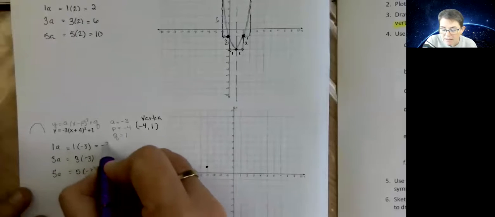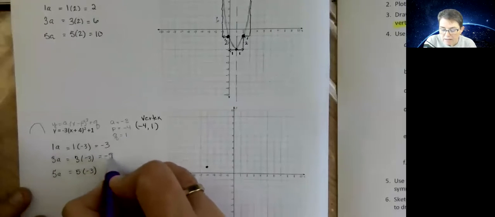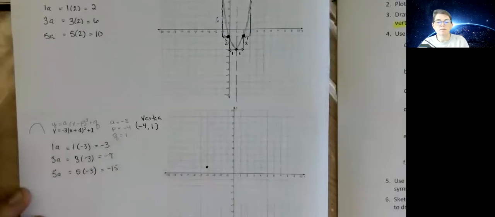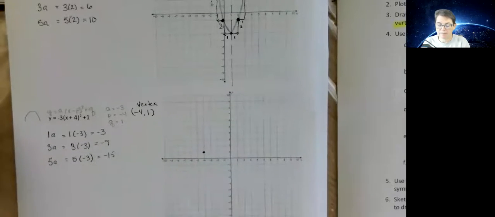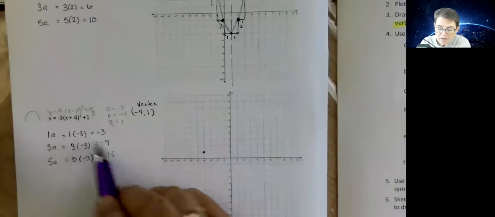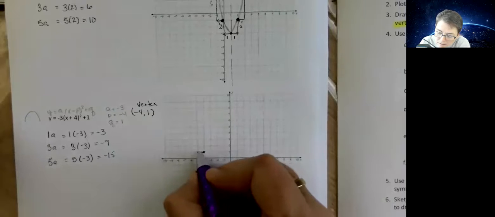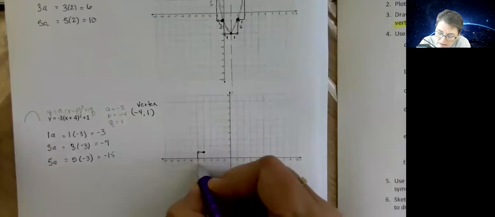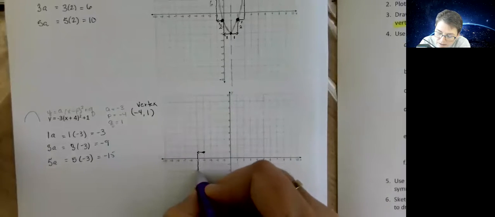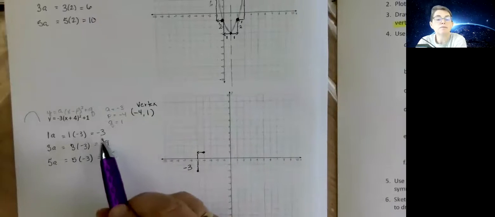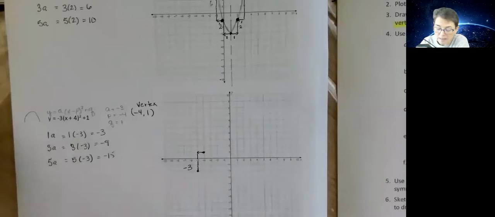It's going to be minus 3, minus 9, minus 15. So those are our magic numbers. So from our vertex, we're going to go 1 space over, and 1, 2, 3 spaces down. That's what that minus is about. It reminds you you're supposed to go down.